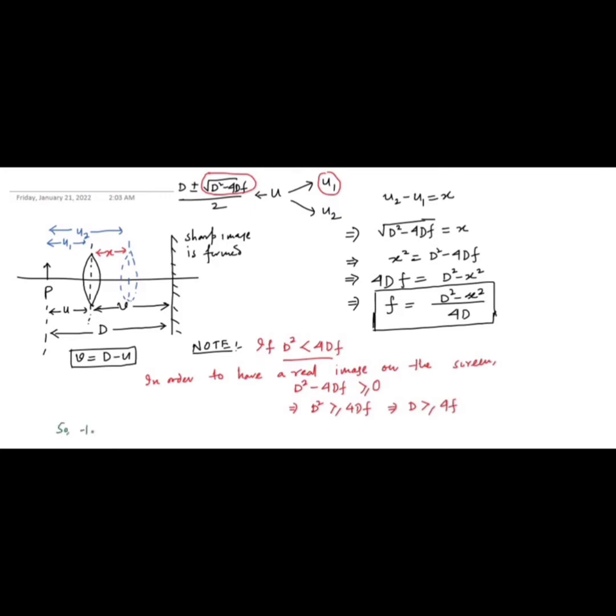The minimum distance between the object and the screen is 4 times the focal length to obtain a real image on the screen.